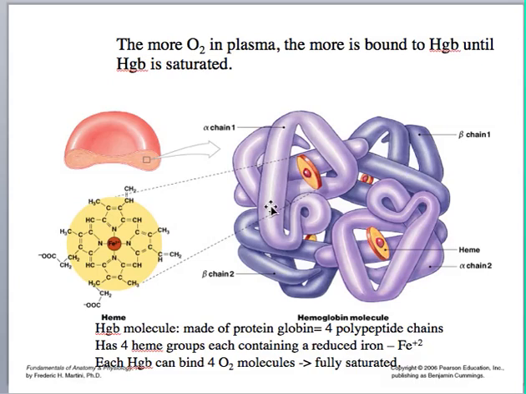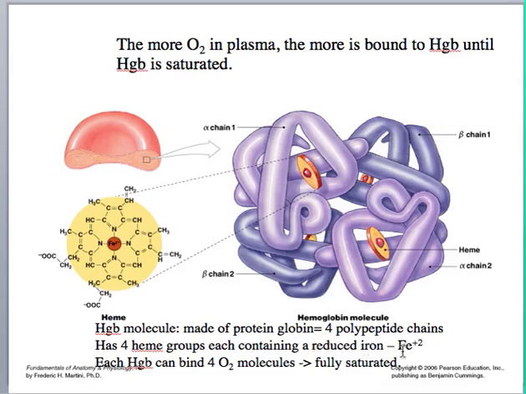Each of these polypeptide chains contains what we call a heme group, this little pigmented thing. This is a pigment complex, and at the heart of this little pigment complex is an iron atom. It is a reduced iron atom, meaning that it has more electrons. It doesn't matter right now, just remember oxidation versus reduction.